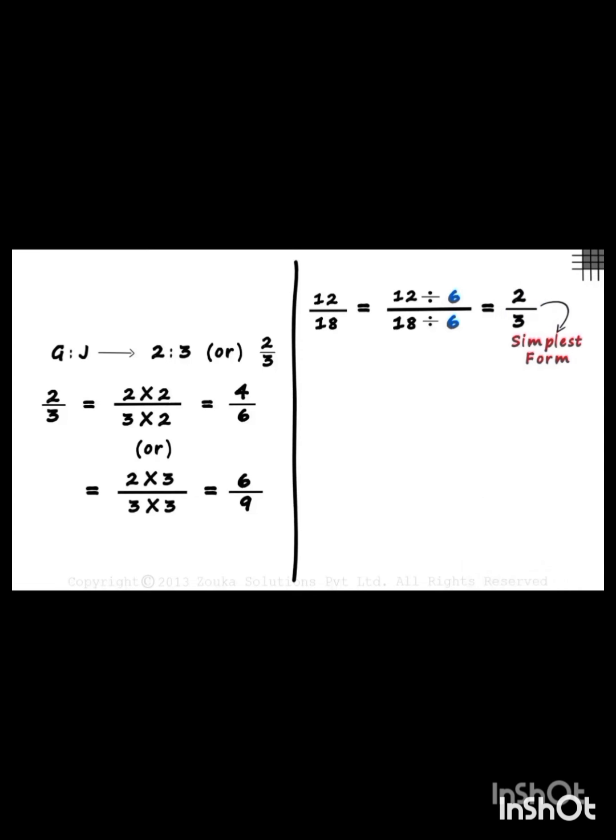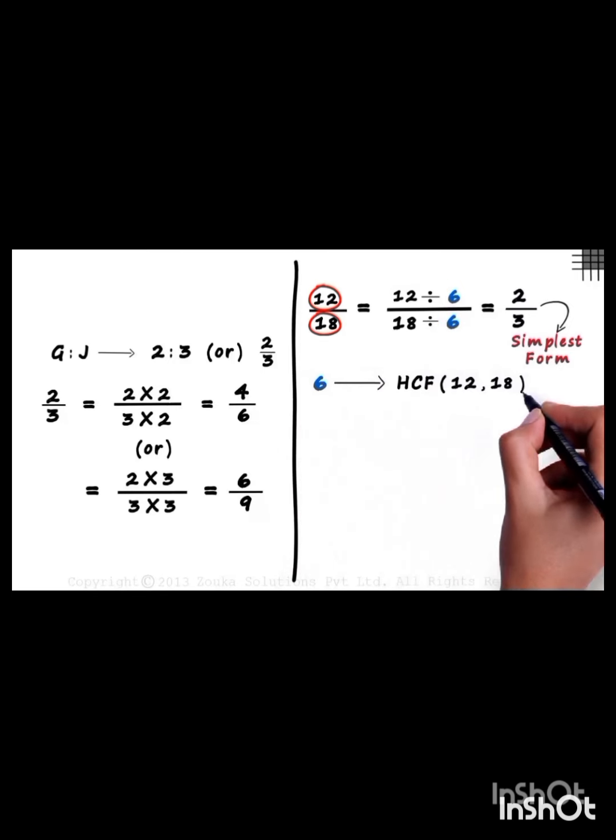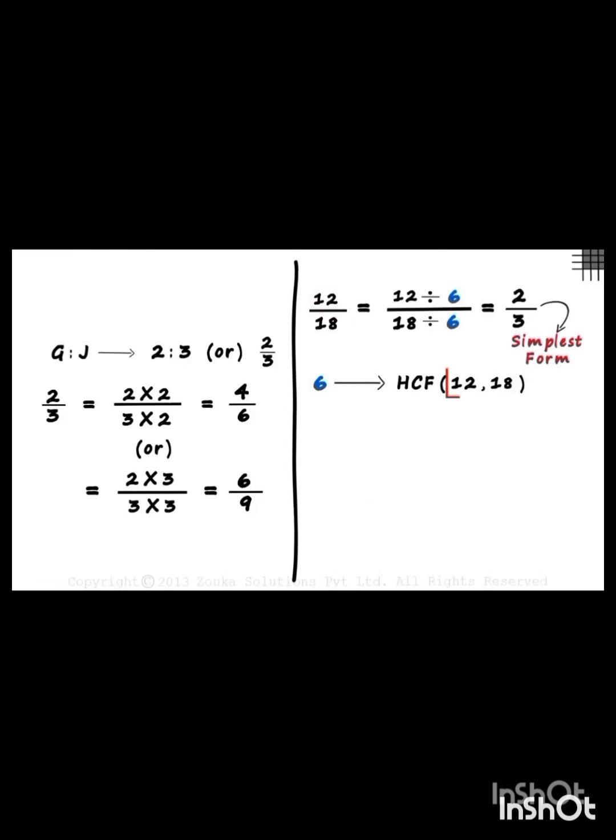But how did we know what number we were supposed to divide them by? The number 6 is actually the highest common factor of the numerator and the denominator. If we divide the numerator as well as the denominator by the HCF, we will get the simplest value.